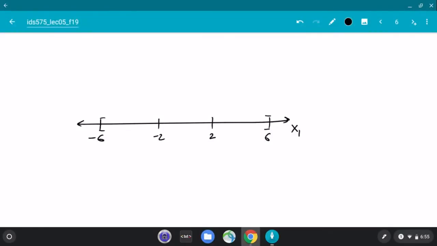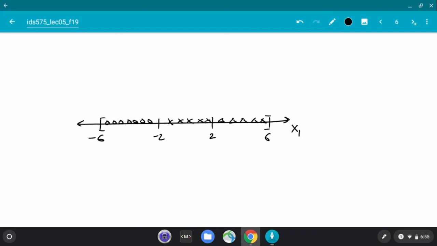Between minus 6 and minus 2, it's class 1. Minus 2 to plus 2, it's class 2, and 2 to 6, it's class 3. So for illustration, circles here, crosses here, and triangles here, three different symbols for three different classes.